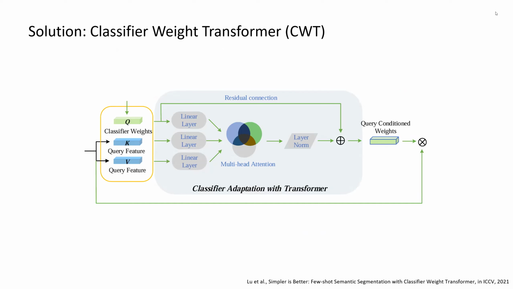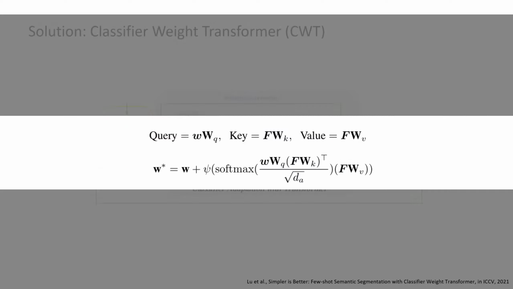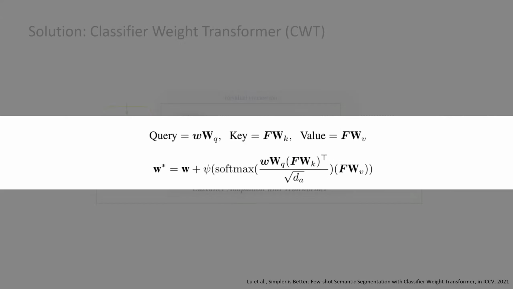To address this limitation, we introduced the CWT, which stands for Classifier Weight Transformer. CWT adaptively updates the classifier weights based on the characteristics of each query image. Specifically, the CWT follows a standard transformer-style query-key-value structure.